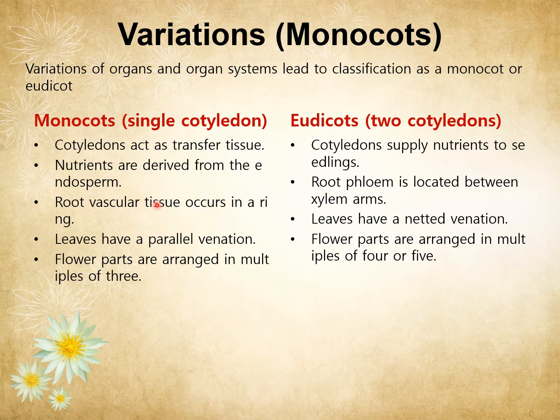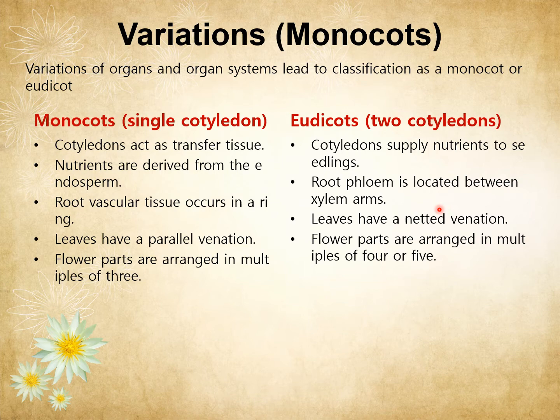The vascular tissue is organized differently in monocots and eudicots. In the monocot root, the vascular tissue occurs in a ring. In the eudicot roots, the xylem, which transports water and minerals, is star-shaped, and the phloem, which transports the organic nutrients, is located between the points of the star.